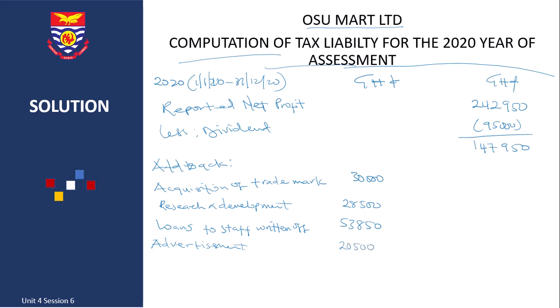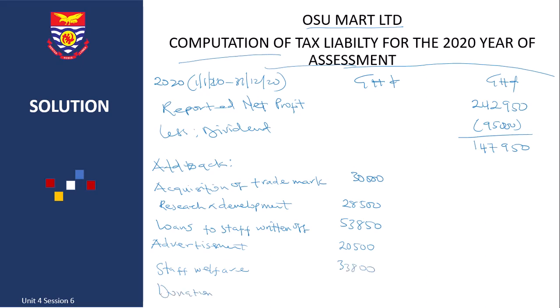Then we have staff welfare. Under the staff welfare, we had some refunds to staff medical bills, cost of canteen equipment, safety wear acquired for staff. And we said we are going to disallow the one in respect of cost of canteen equipment. And the amount is 3,800.